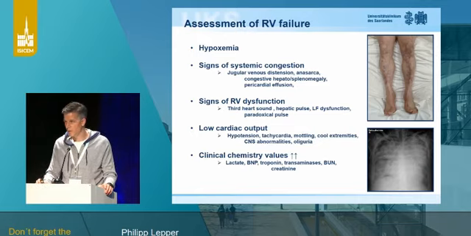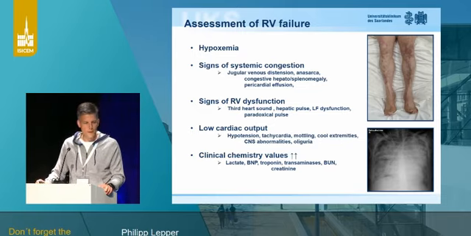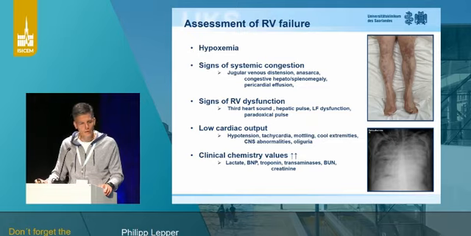So these patients should be assessed for right ventricular dysfunction or right ventricular failure. They might be hypoxemic more than we would expect from the lung disease alone. They show signs of systemic congestion, signs of right ventricular dysfunction per se.